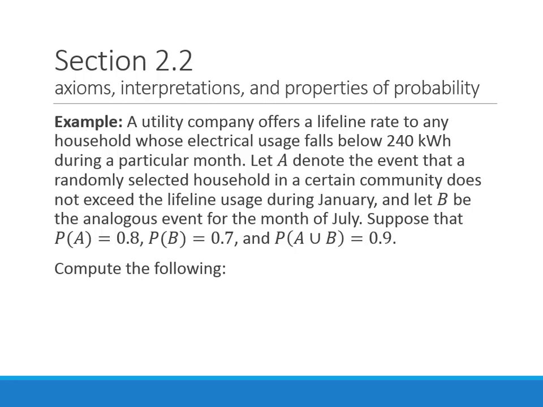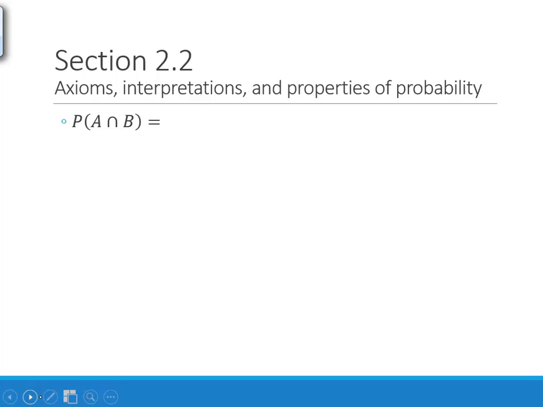Suppose the probability that they don't exceed in January is 0.8, the probability that they don't exceed in July is 0.7, and the probability that they don't exceed in both months is 0.9. Again, we're not talking about where these numbers come from, but we're just going to assume those and see how we can apply these things. Okay, so let me just jot down: probability of A is 0.8.